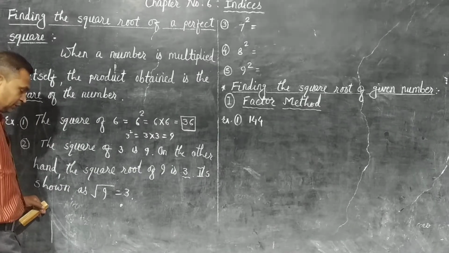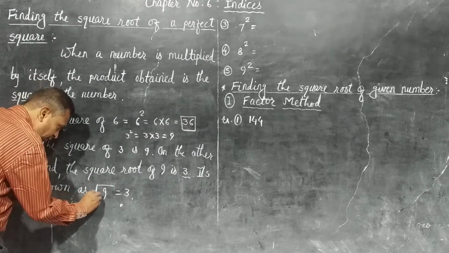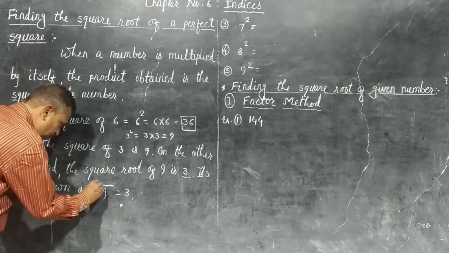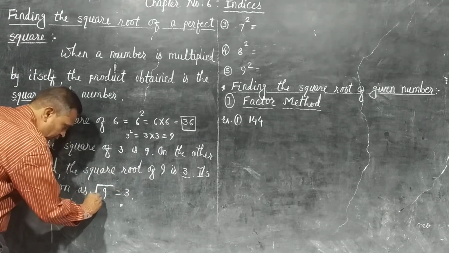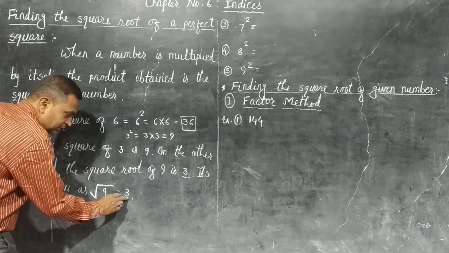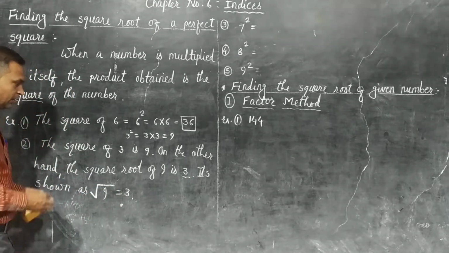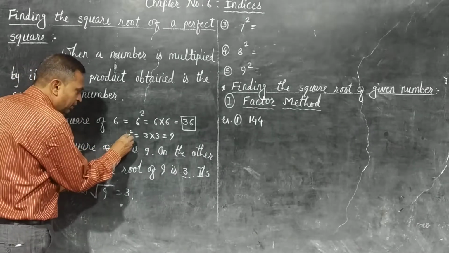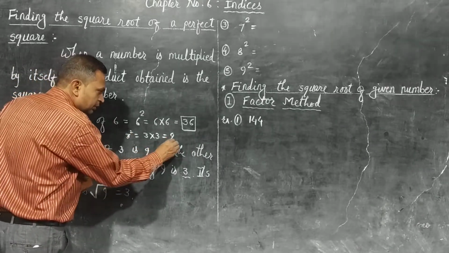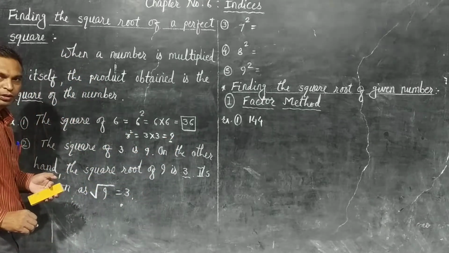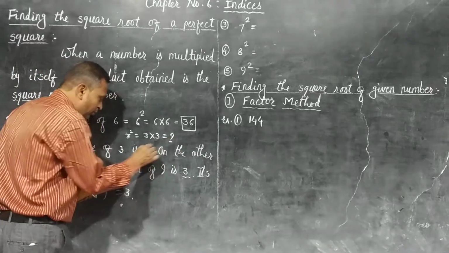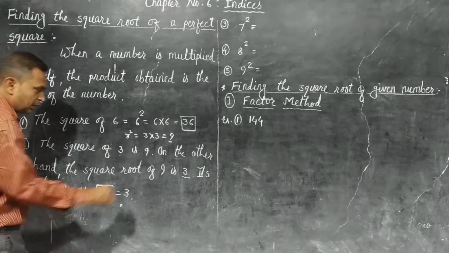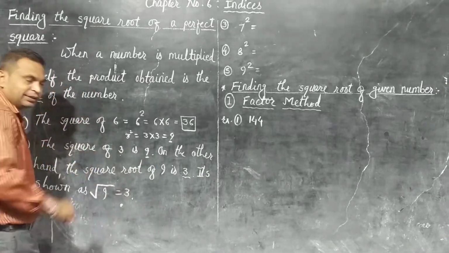And it's shown with the square root sign like this way. This is the square root sign. Square root of 9 is 3. It means the bigger number is the square of the given number and the smaller number is the square root of the given. 9 is bigger than 3.